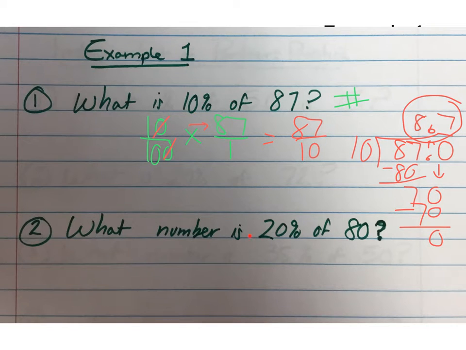What number is 20% of 80? I see the word number here. That means that I'm going to have a number answer, not a percent answer. What number is 20% of 80? 20%. I have a question mark up there.